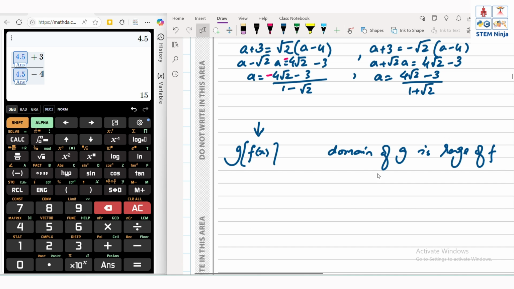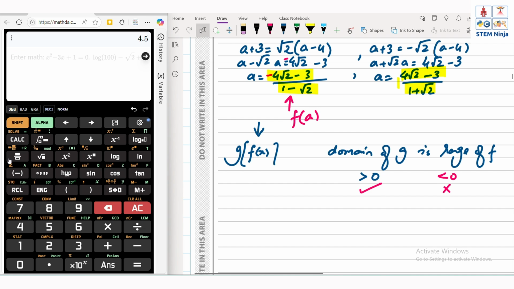The values that we are getting, this one or this one, should be greater than 0. Otherwise, they cannot be considered. So if we plug this back into f of a, if they come out to be positive, then they will be selected.